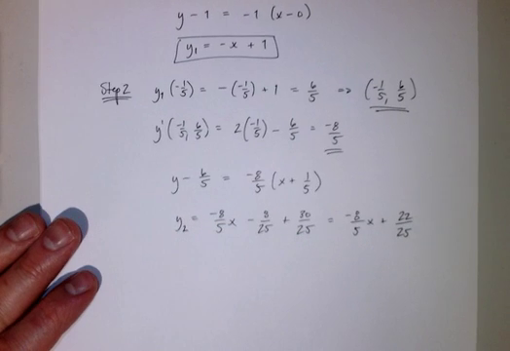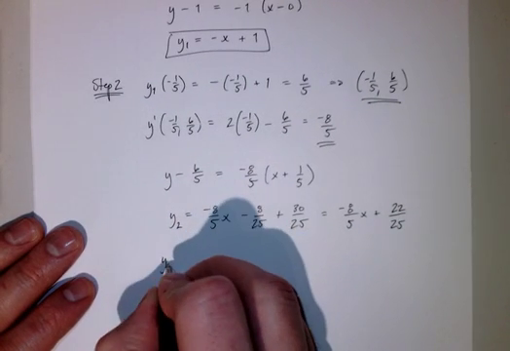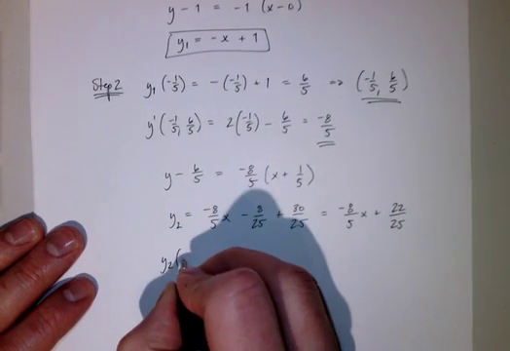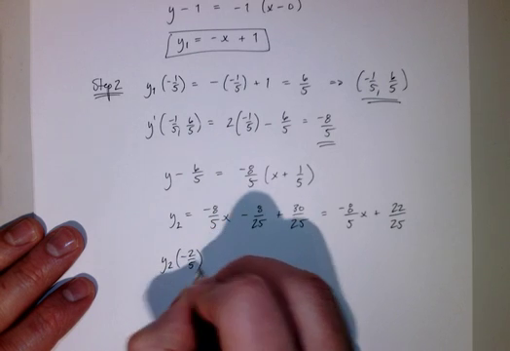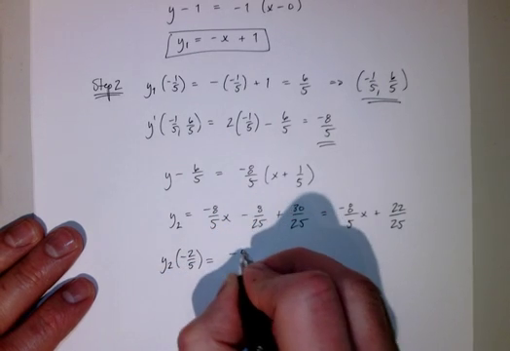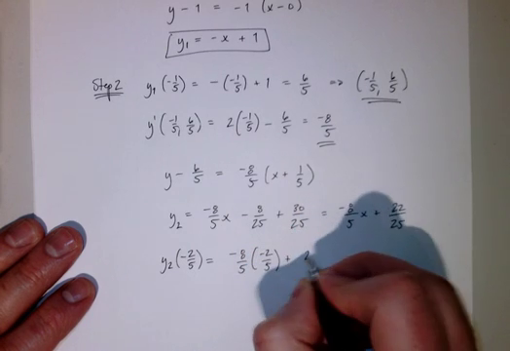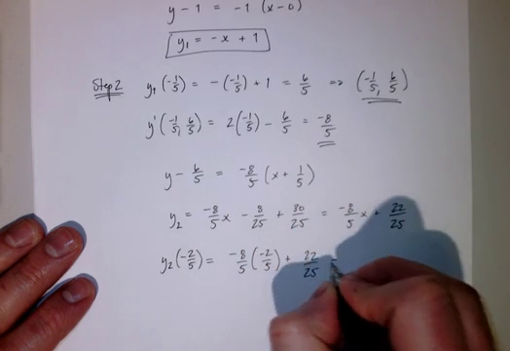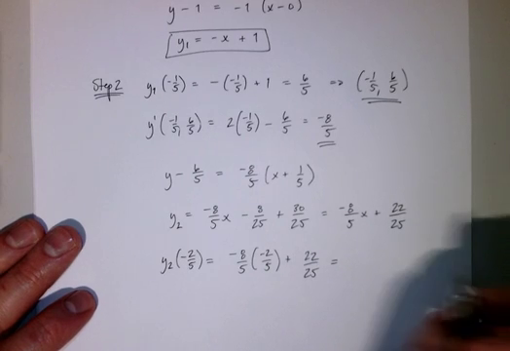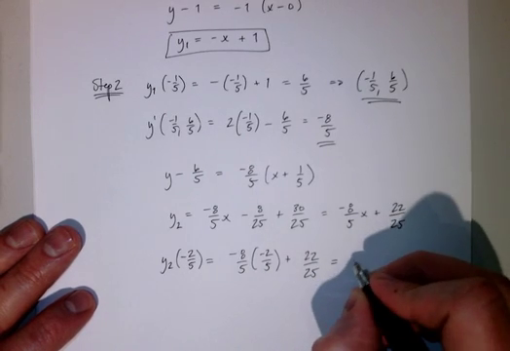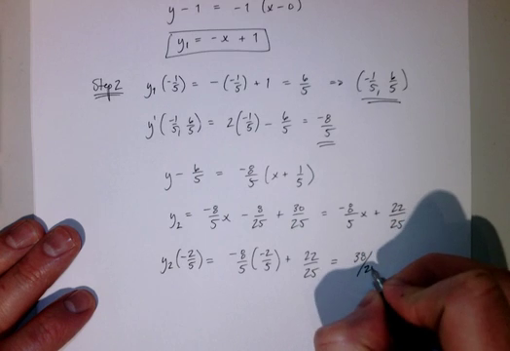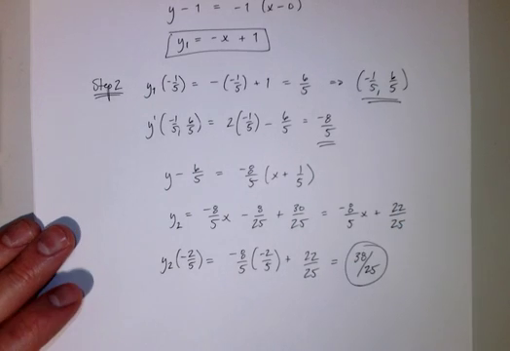Now, all I have to do is evaluate y2 at -2/5, and so I get -8/5 times -2/5 plus 22/25. That's going to be positive 16/25 plus 22, so it's going to be 38/25.